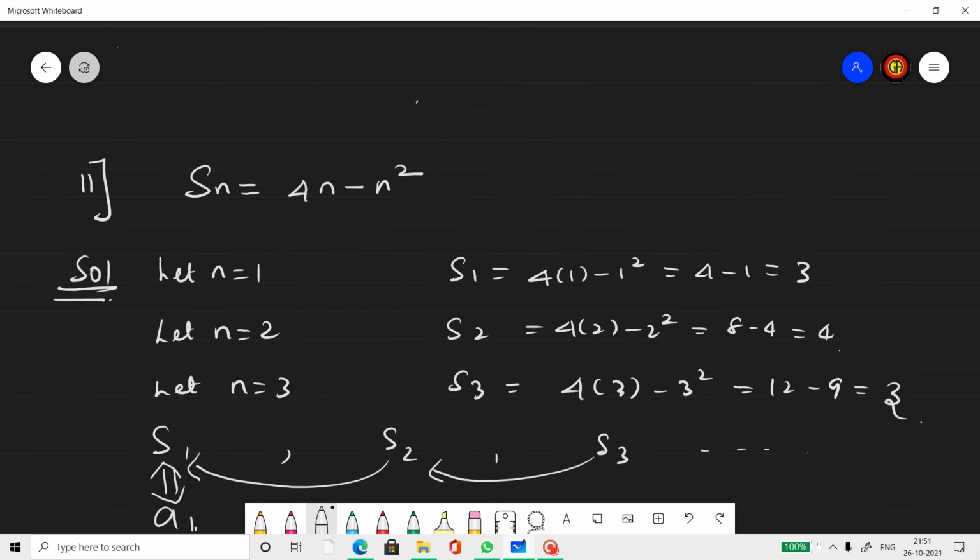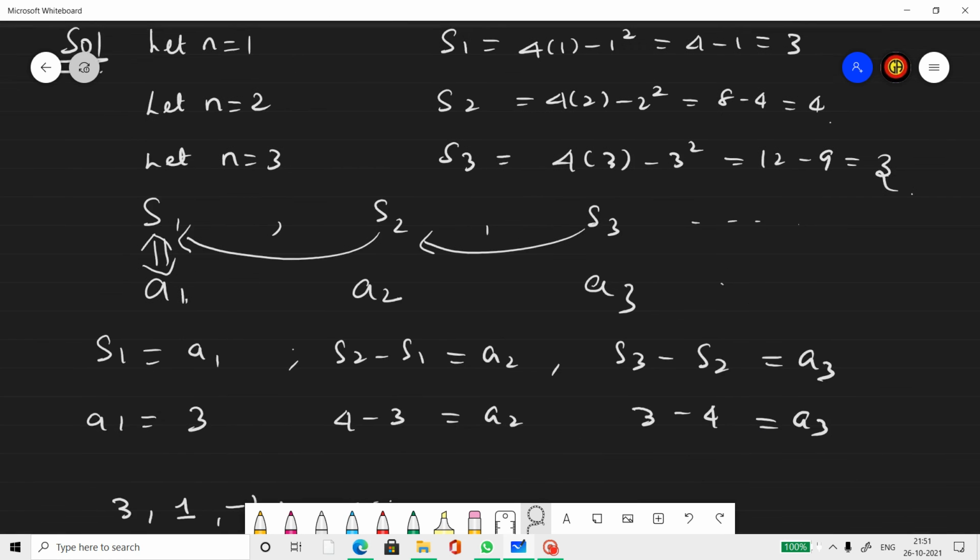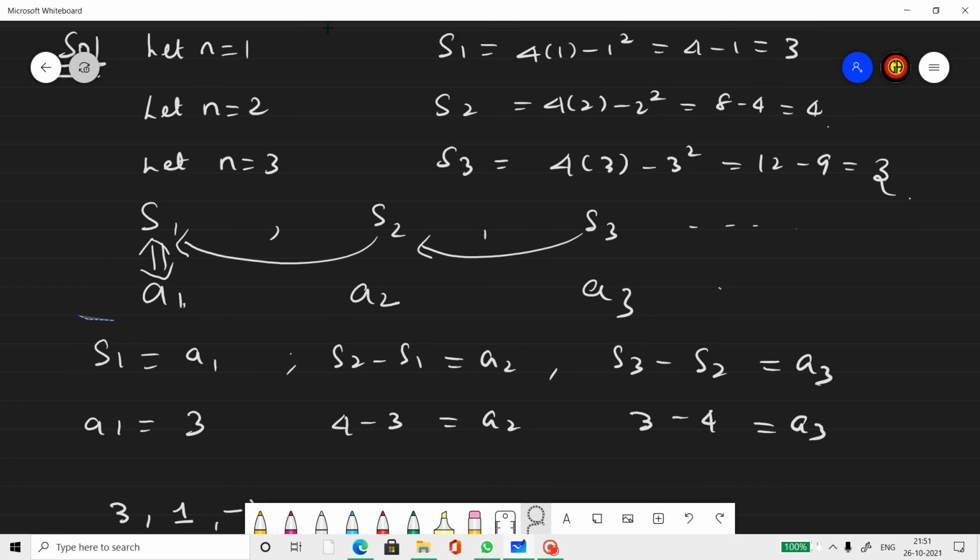Next I'm going to start with the 11th one, where Sn is 4n minus n square. Using n as 1, 2 and 3, we find S1, S2 and S3. Now the first term and the sum of the first term are the same. So S1 and a1 are the same, because there is nothing to add before a1.